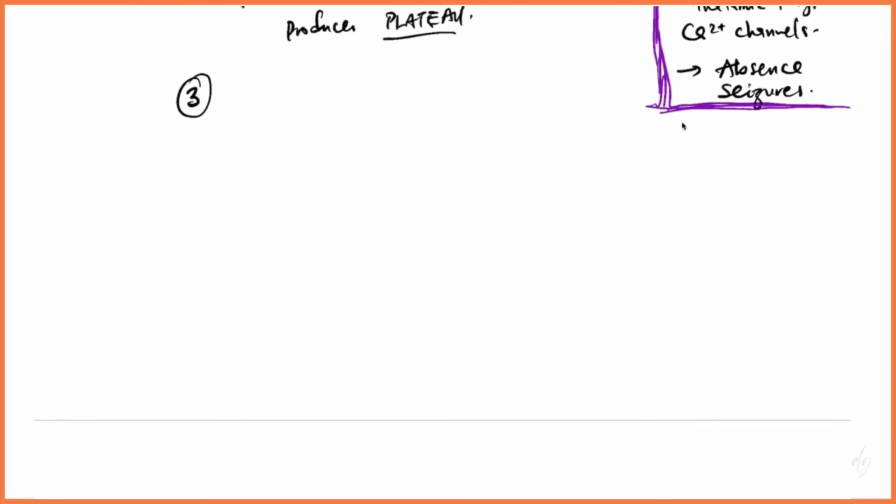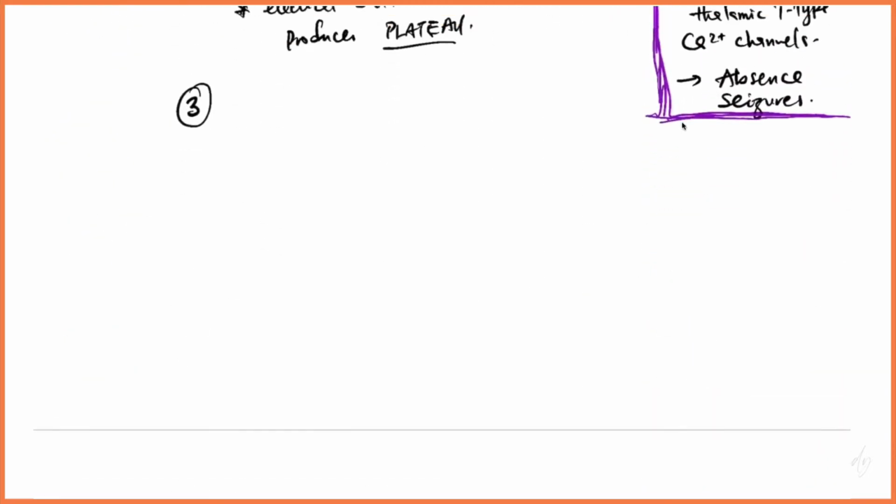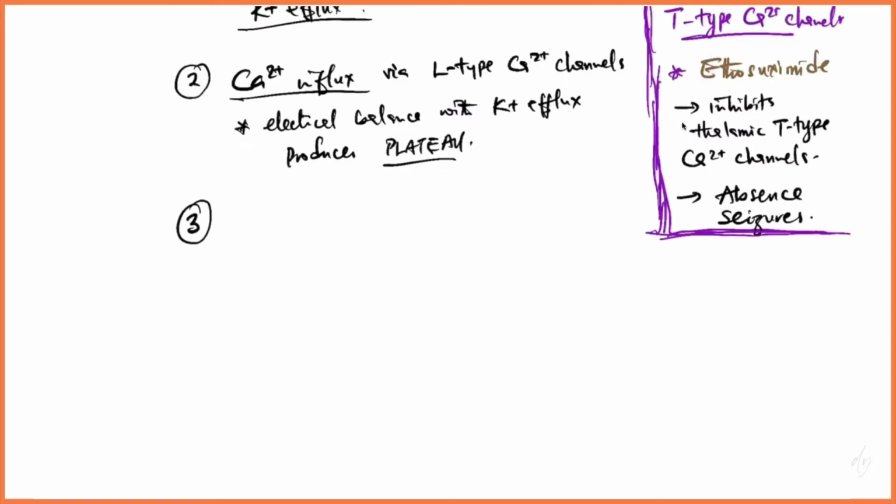There was calcium influx and potassium efflux, creating a balance that produced the plateau. So in phase 3, now we have those calcium channels closed and only the potassium channels open. So the balance is distorted and we continue with a downward trend, right?